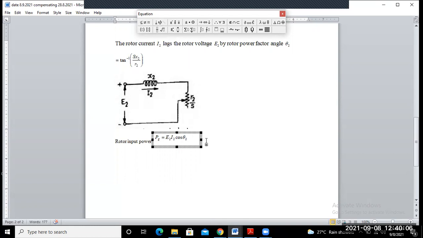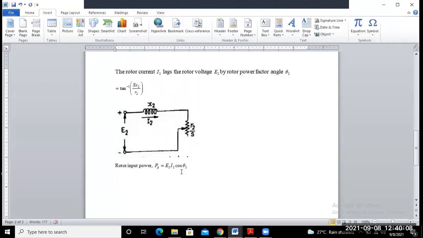Now we can simplify this equation, as we already found the value of I2 a few minutes earlier. So just put the value here, or write the value of cos theta 2. Cos theta 2 equals how much? For the circuit, if tan theta 2 equals s x2 by r2, then you are able to find the value of cos theta also.